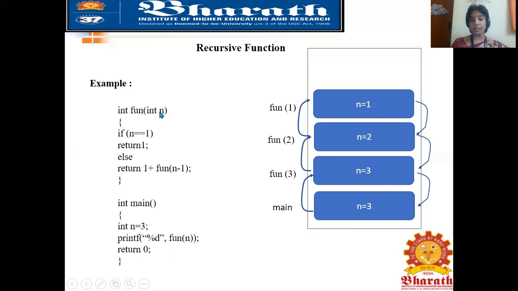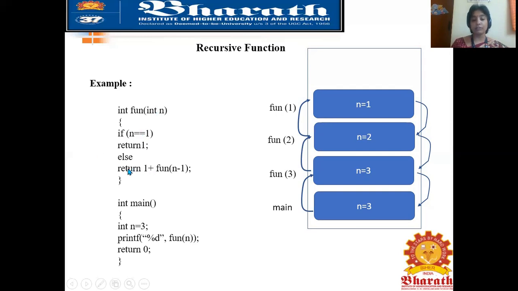So fun of 3 will first be sent here. What is the condition here? First, it will check whether n is equal to 1. This n is not equal to 1, because we have passed n is equal to 3. So this condition is going to fail and the else part will be executed.